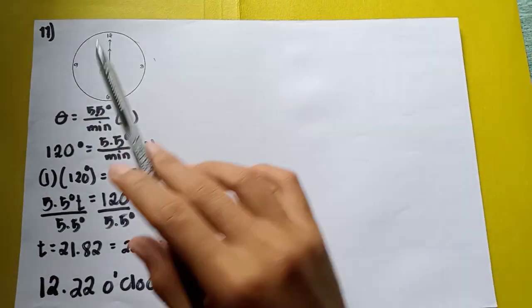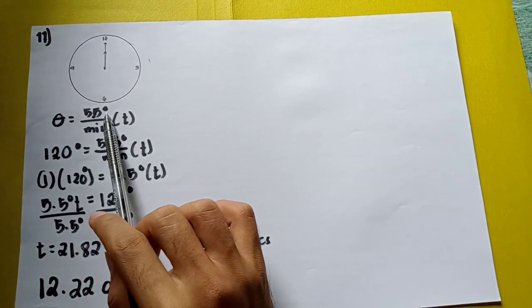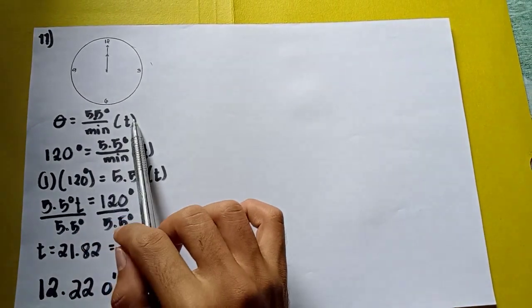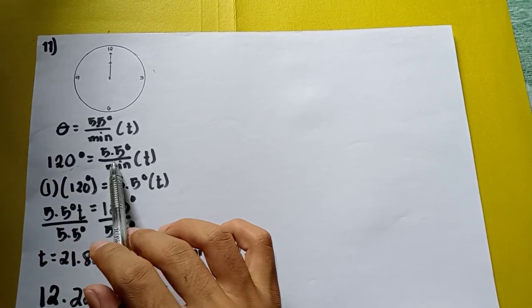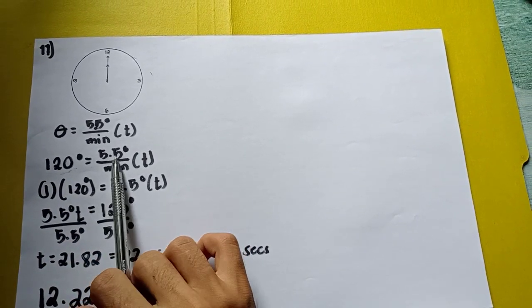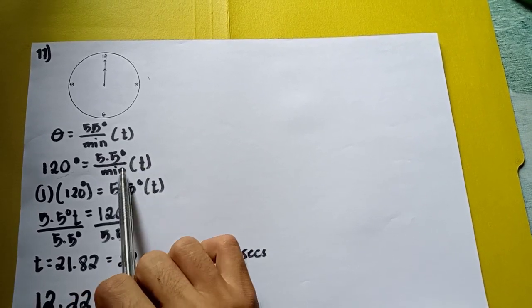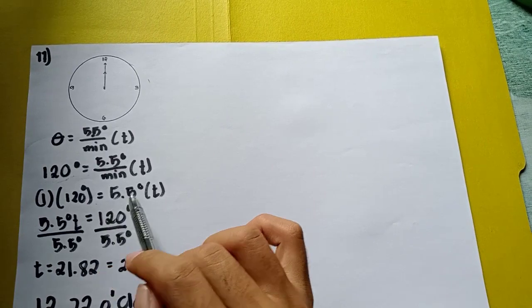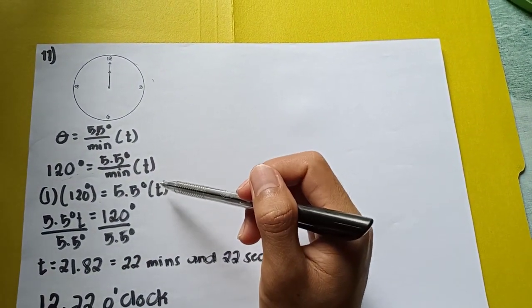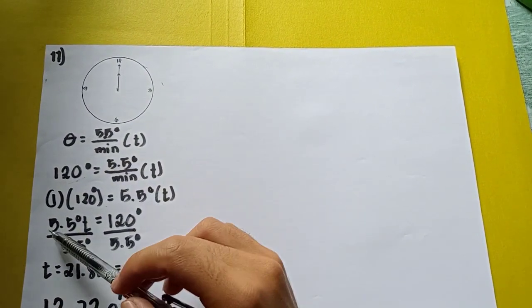So theta equals 5.5 degrees per minute times time. We have here our 120 degrees equals 5.5 degrees per minute times time.